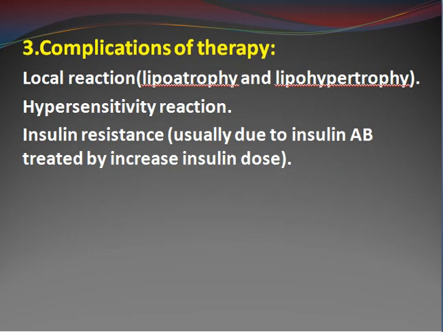Complications of the therapy like local reaction, lipoatrophy and lipodystrophy at the site of injection, hypersensitivity reaction, and insulin resistance, and usually this is due to the presence of insulin antibody, treated by increasing insulin dose.